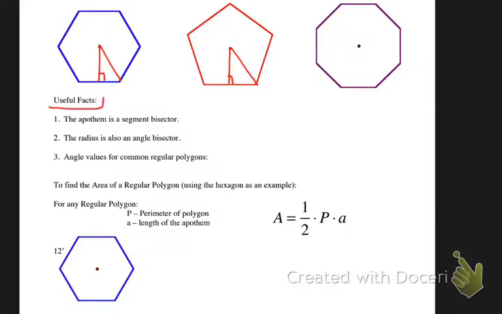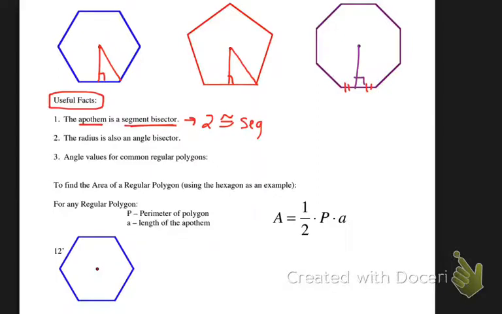Now, we have some very important rules that will help us out here. The apothem is also a segment bisector, which is going to create 2 congruent segments. So every time you draw an apothem, it is going to chop that side in half.